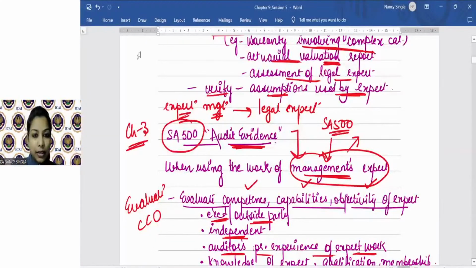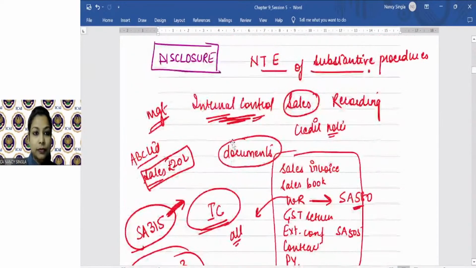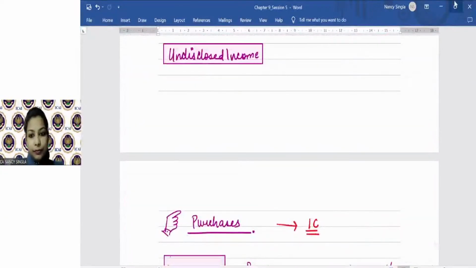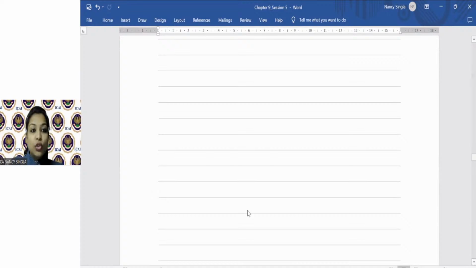Let me just write it here. Just a minute. So with respect to provision, what all disclosures are required in the notes to accounts?